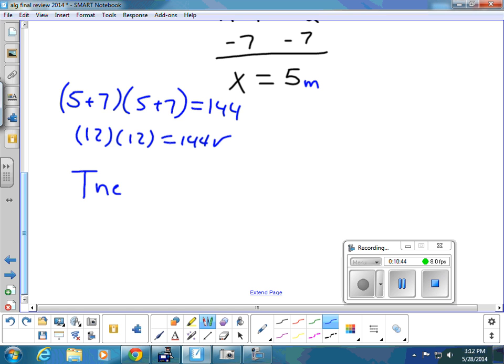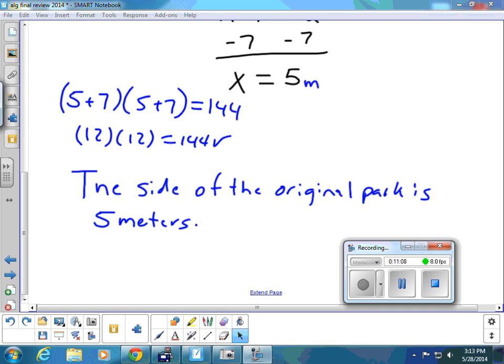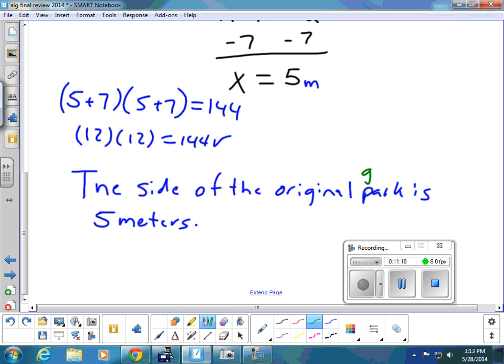The side or length of the original park is 5 meters. Was it a park or, I think it was a garden? Sorry, I had some interruption. So it is a garden. Sorry about that.